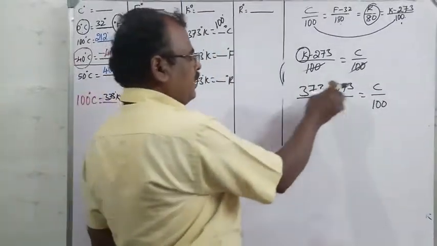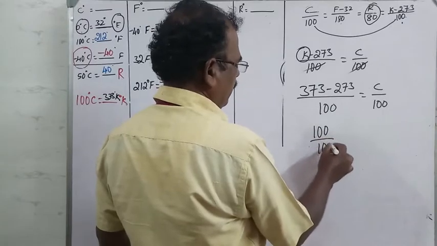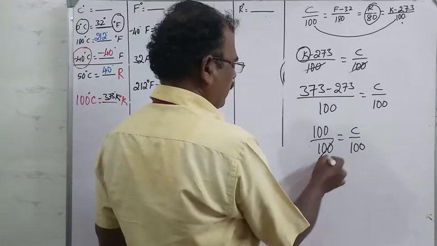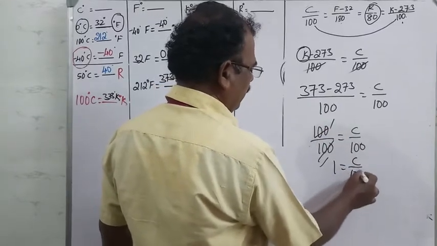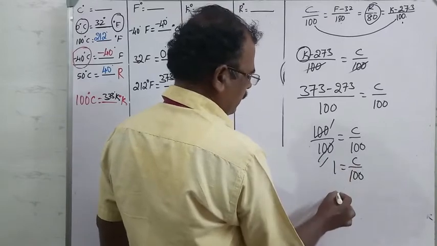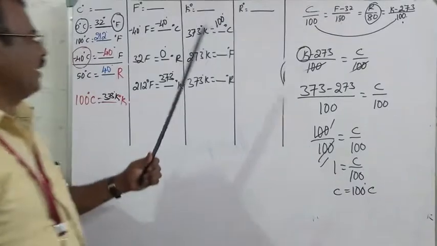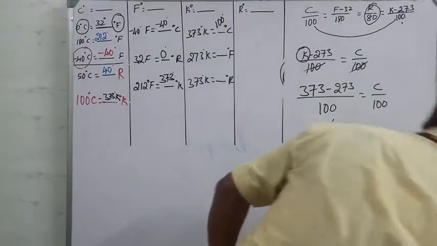So 373 minus 273 means 100 divided by 100 is equal to C by 100. So 100 by 100 is 1, 1 is equal to C by 100. Again cross multiplication: C is equal to 100 degrees centigrade. Now we are getting 100 degrees centigrade. Okay. So next problem.